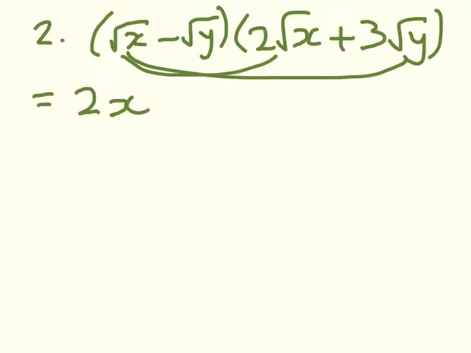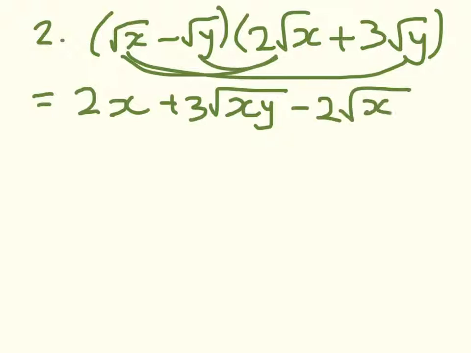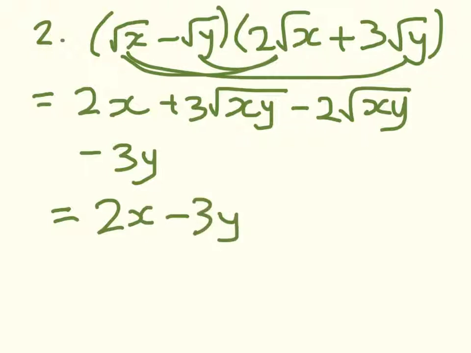Then plus 3 root xy minus 2 root xy, and lastly the outer ones, minus 3 times root y, which is 3y. Now we can collect up the 2 terms in the middle. We get 2x minus 3y plus 1 root xy.